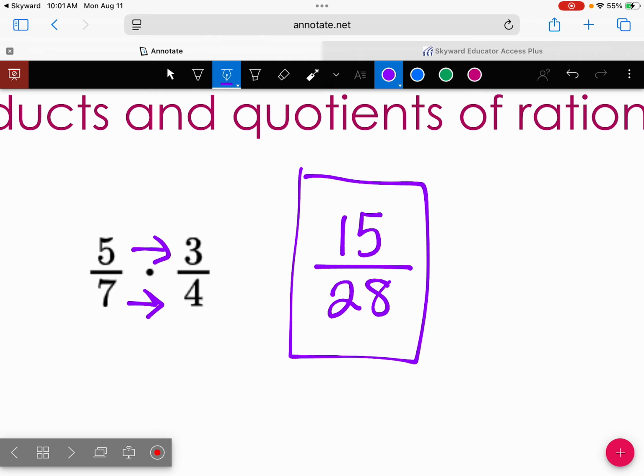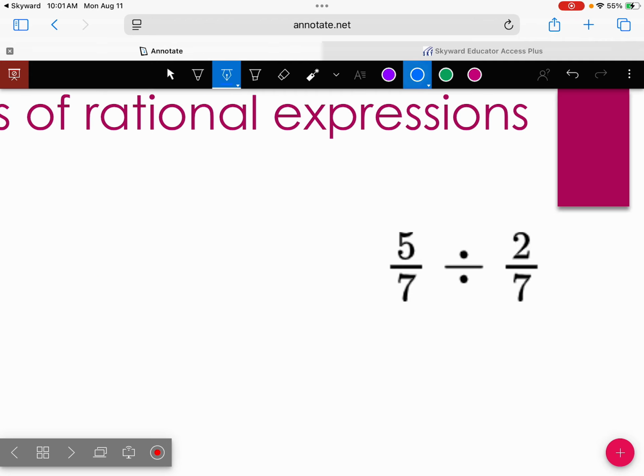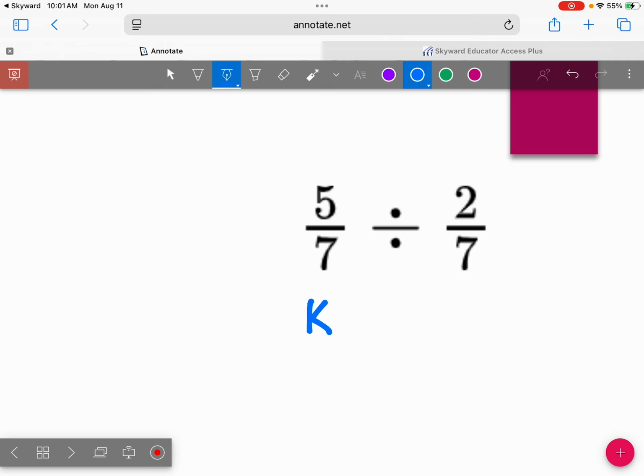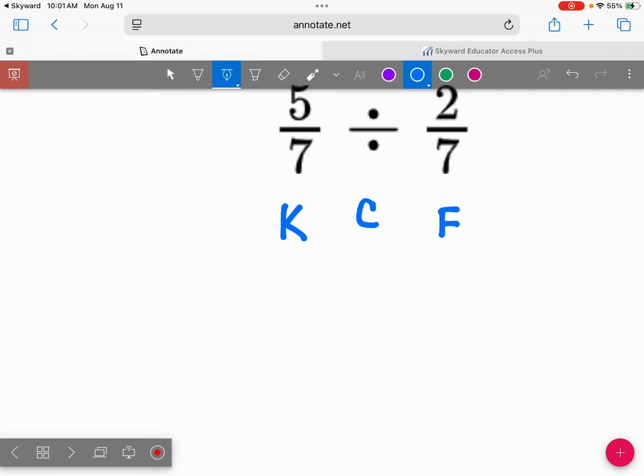When we did division with fractions, we had a little phrase that we remembered. Keep, change, flip. We keep the first fraction, we change the sign between them, and then we flip this. It's keep, change, flip, or it's multiply by the reciprocal, if we didn't hear that phrase before. So our first fraction stays the same.